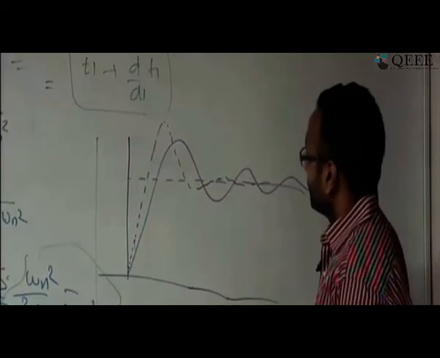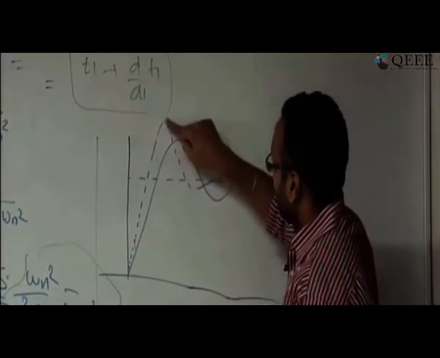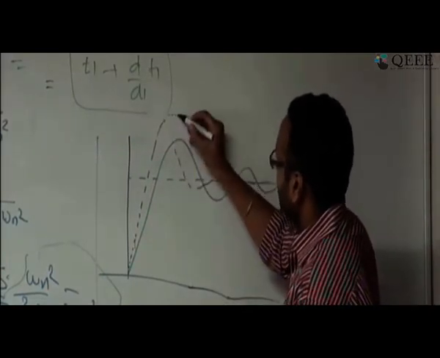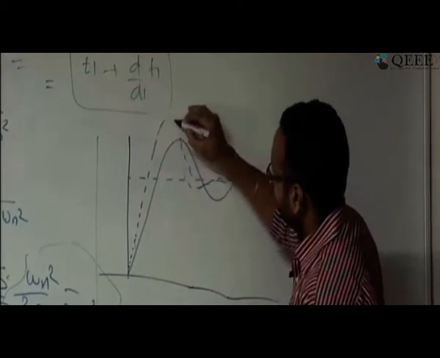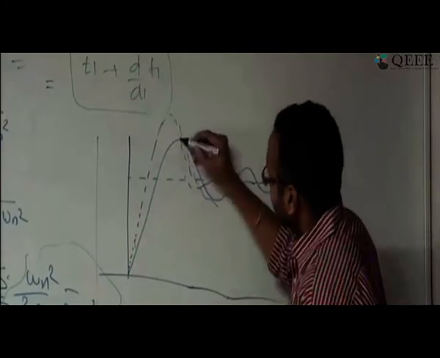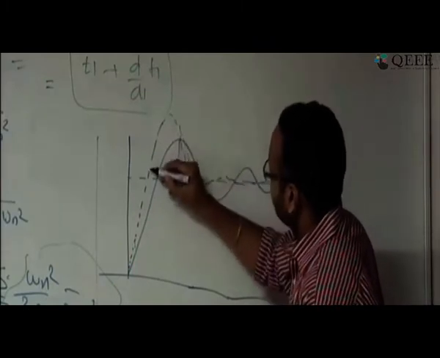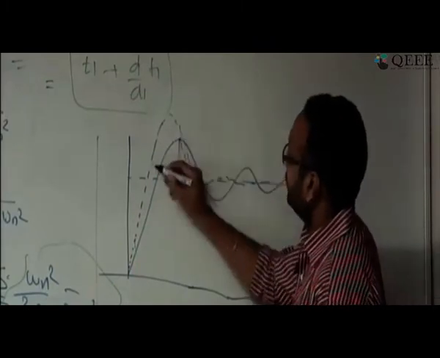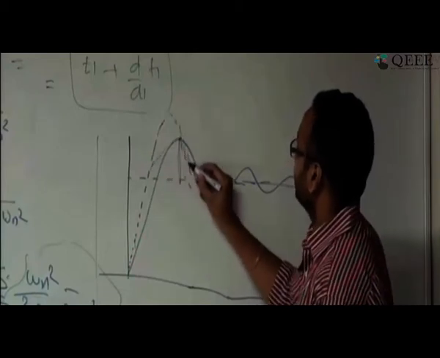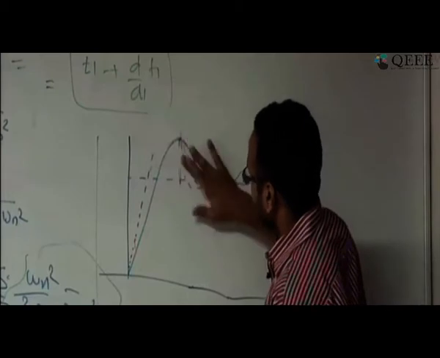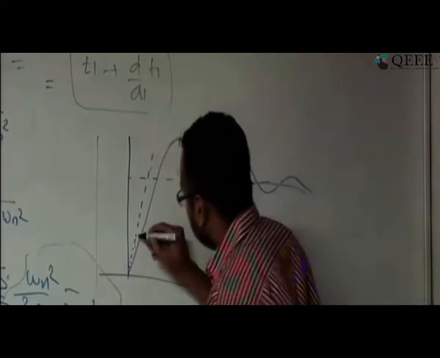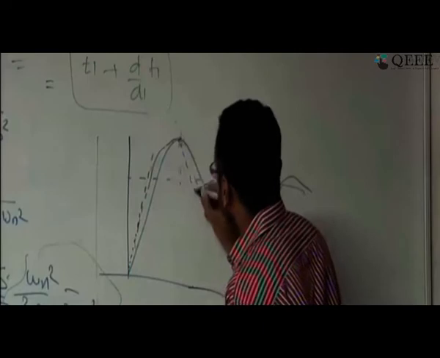It's going to be like this, I am not drawing exactly, but I wanted to explain. At this point, since the derivative is going to be 0, this term is going to be like something. If you plot it, it is going to be something like this.